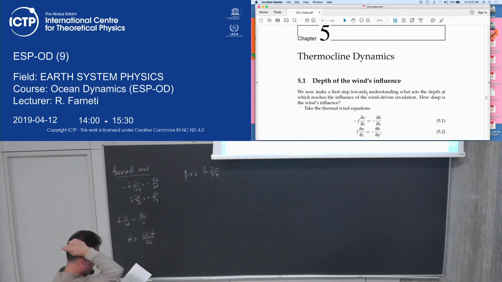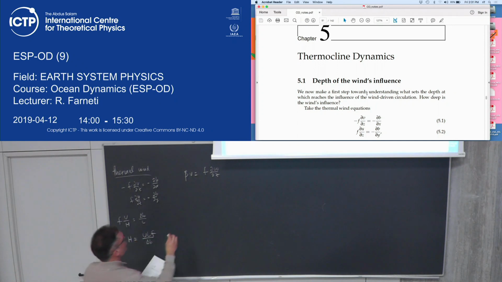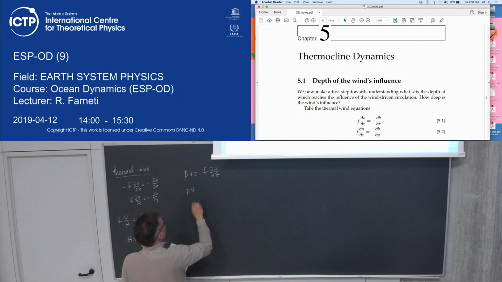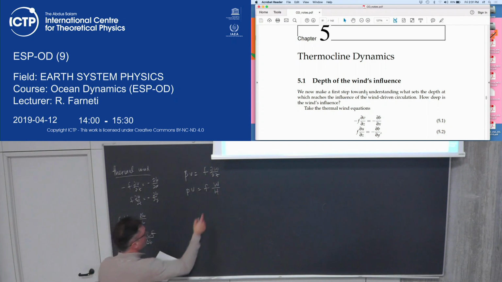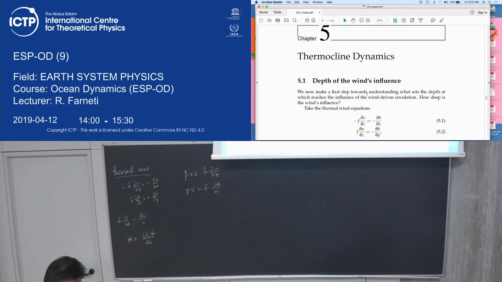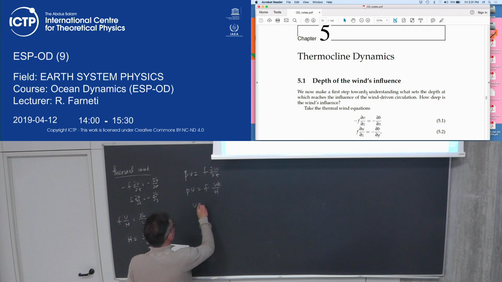If you do a scaling of this, it's beta U equals f W over H, where the vertical velocity is the Ekman vertical velocity. So U is f over beta, Ekman vertical velocity over H.